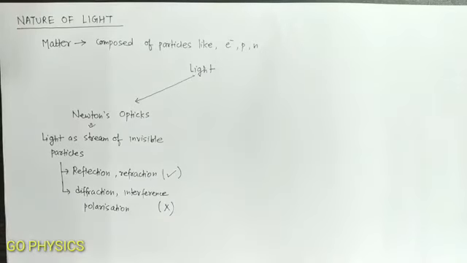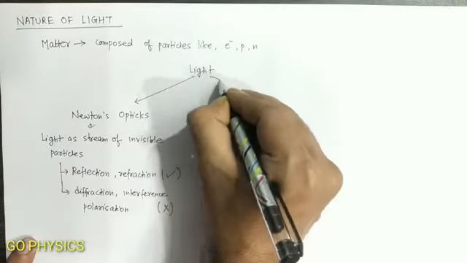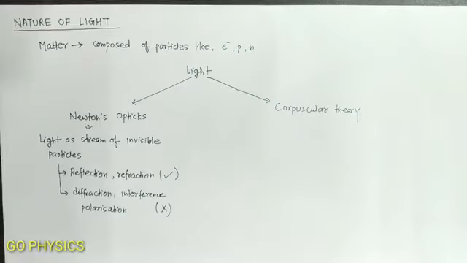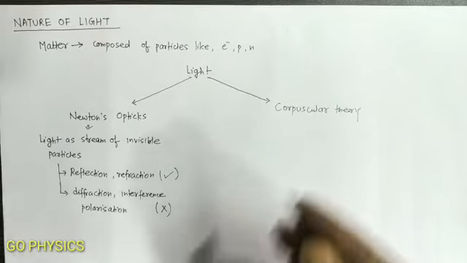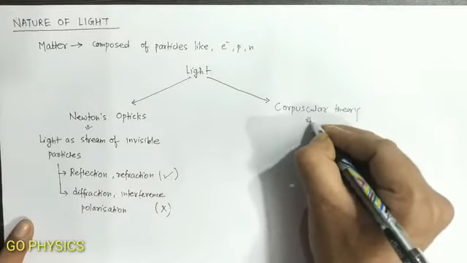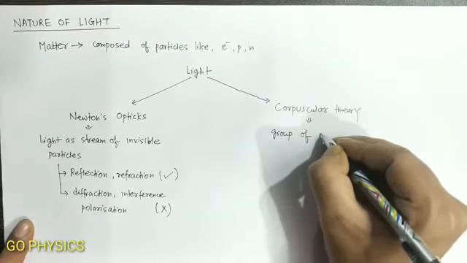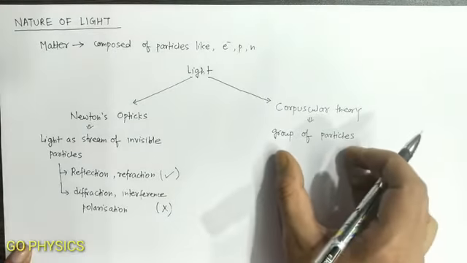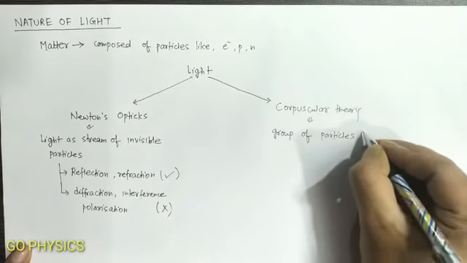So later a new theory came into play called corpuscular theory. In corpuscular theory, light was considered as a group of particles. And later we called these particles photons.